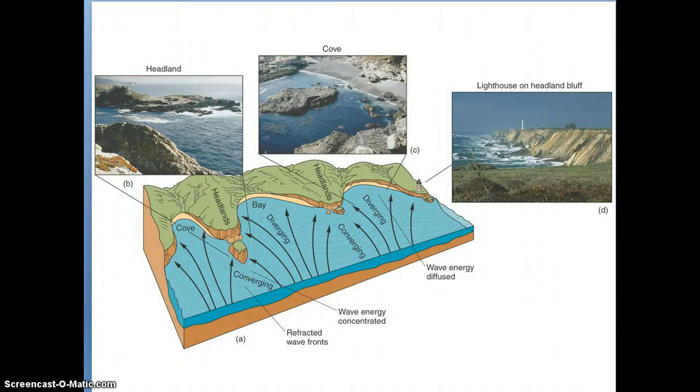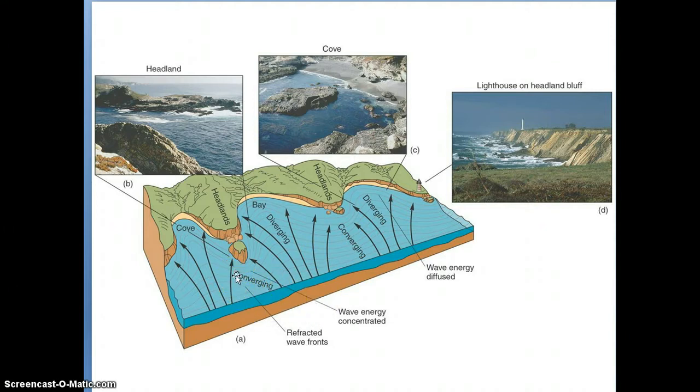The other thing is this idea that as these waves travel across the ocean, they get refracted and they get bent and changed because of obstructions. And so here you have wave direction with the arrows, and then they're kind of bending and moving around these headlands.